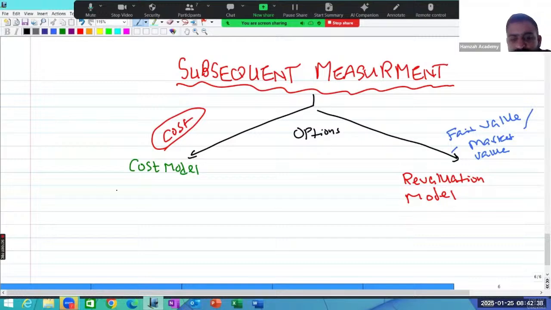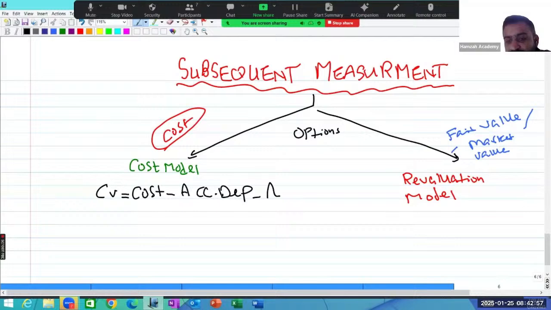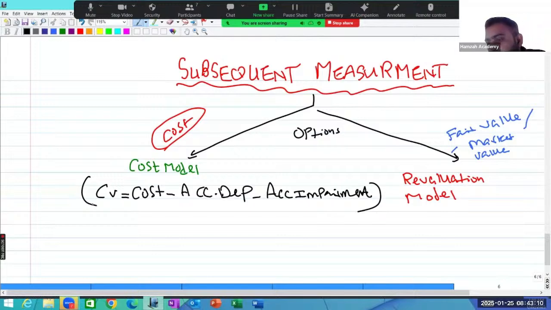Under the cost model, the carrying value will be equal to cost less accumulated depreciation minus accumulated impairment. That would be the carrying value of the asset under the cost model.